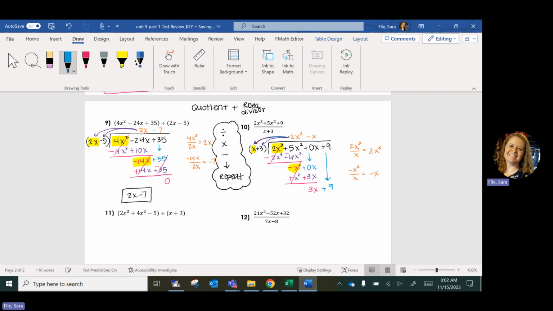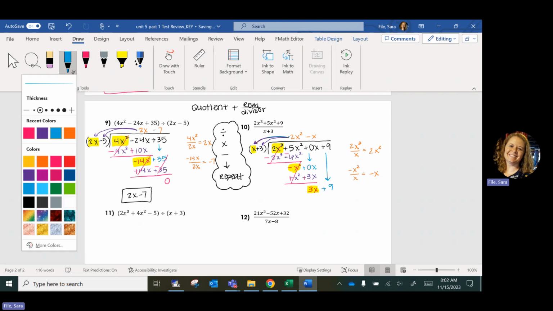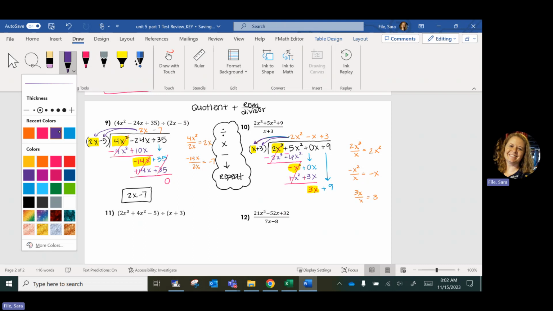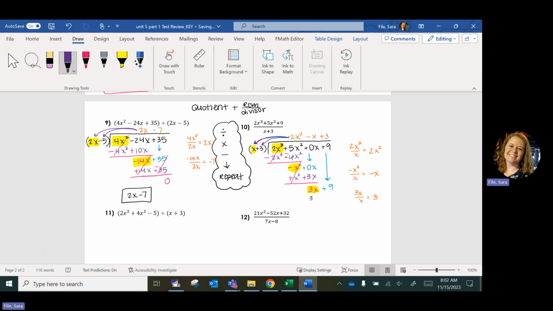And I'm ready to repeat. So now I'm looking at 3x. So 3x divided by x is just 3, positive 3, so plus 3. So then I multiply, so I distribute that and get 3x plus 9.